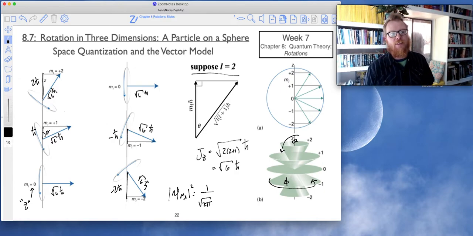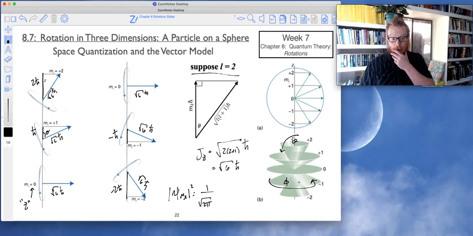So you can see here is that plus 2 state. We can see the particle is spinning round and round, but because we know that there's no phi dependence, that root 6 h bar at angle theta smears around all phi angles. So this is what we call the space quantization model. It's important to note that this is not psi squared. This is not where we expect the particle to be.